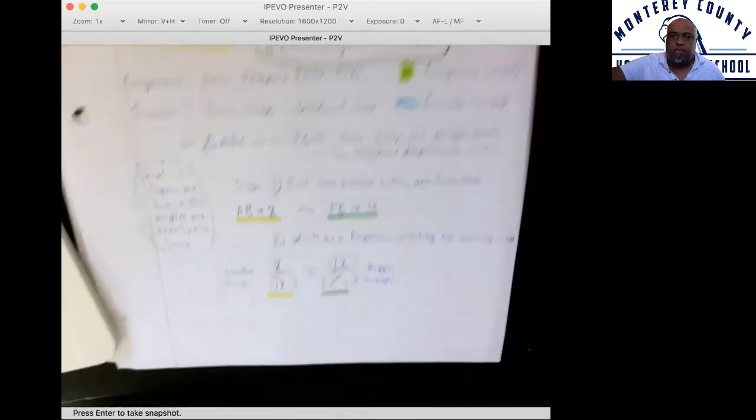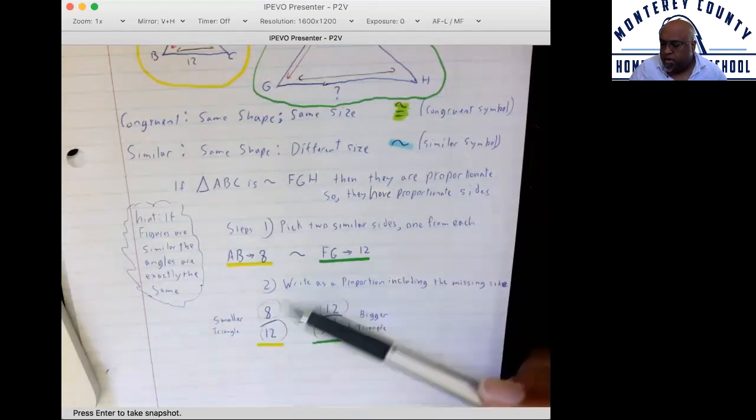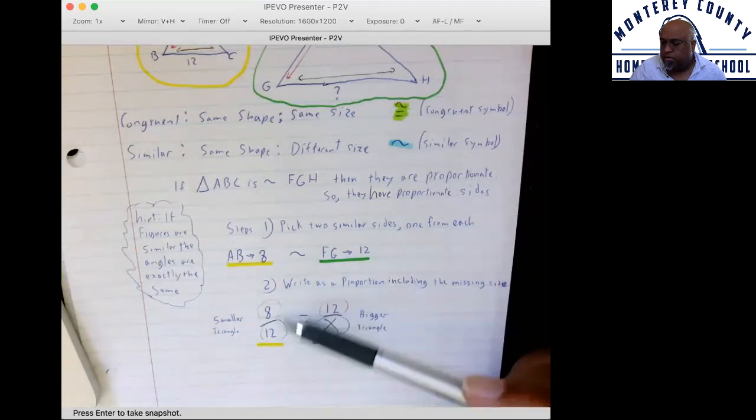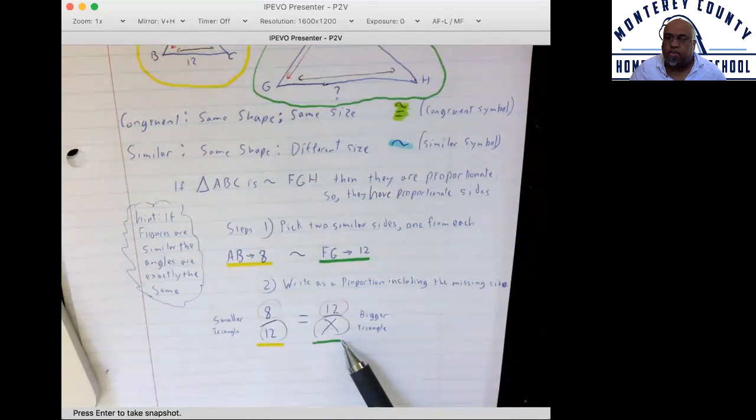Notice that when I made the proportion, I used small and big, small and big. Here are the numbers that represent two sides of my smaller triangle, and here are the numbers that represent two sides of my bigger triangle. However, the missing side is called x to represent the one we don't know.